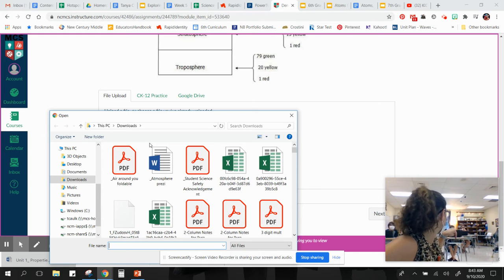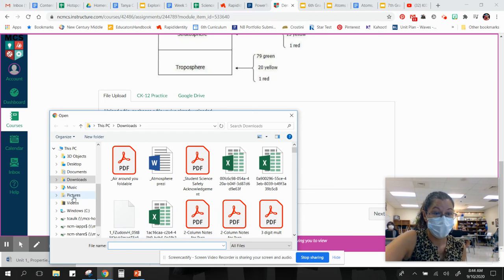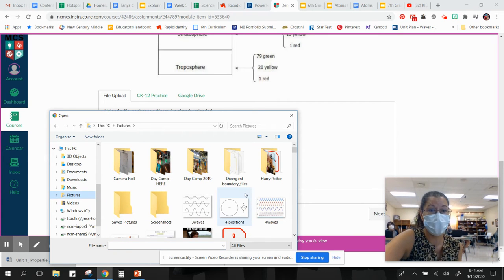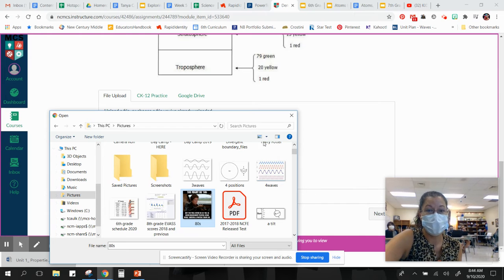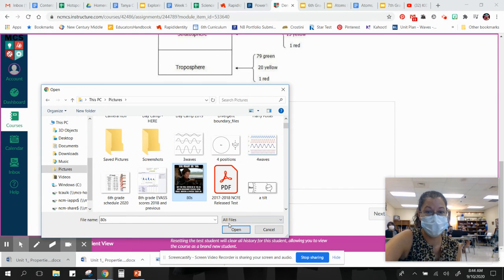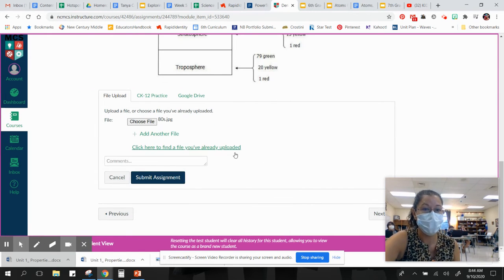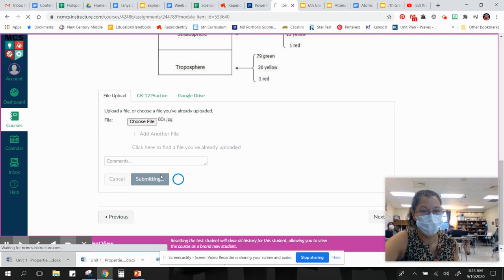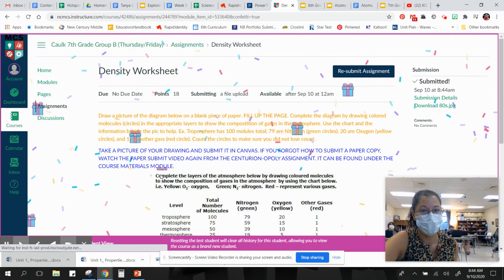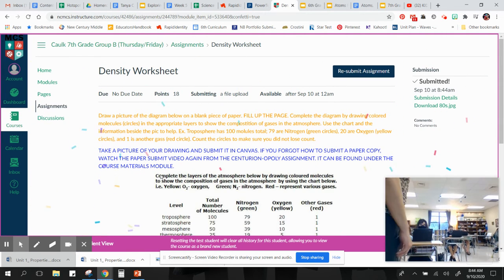So that should be the picture you took. Then you're going to click that picture. I'm just going to click any picture here. And then click Open. Okay, you can see here's the picture. And then I just click Submit Assignment. Okay, easy peasy, lemon squeezy. All right, any questions about what you're doing?